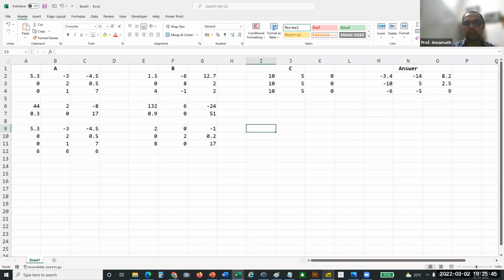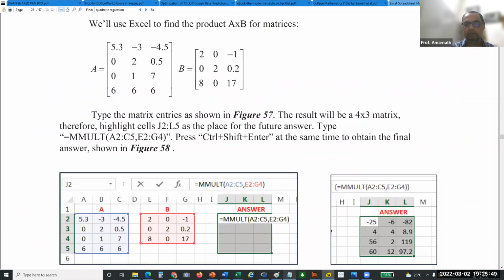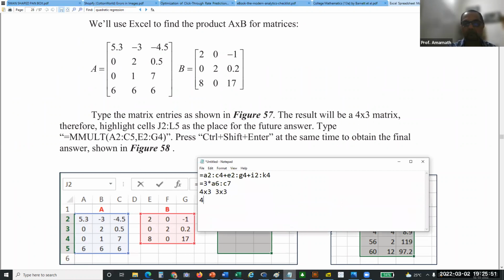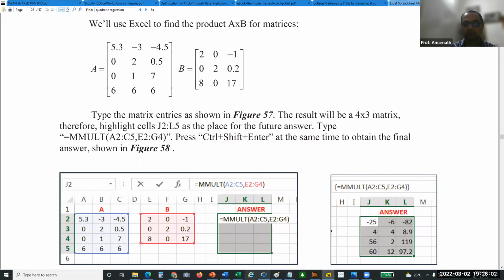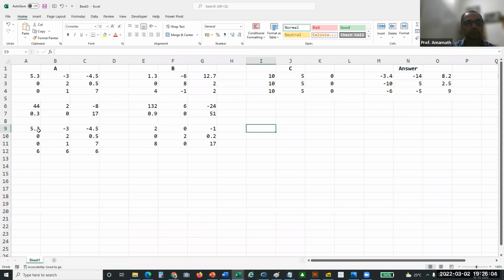So I will use MMULT here. Equal to MMULT, with A9 to C12.